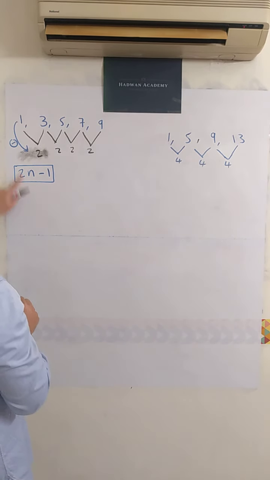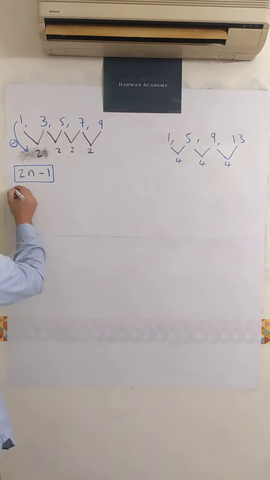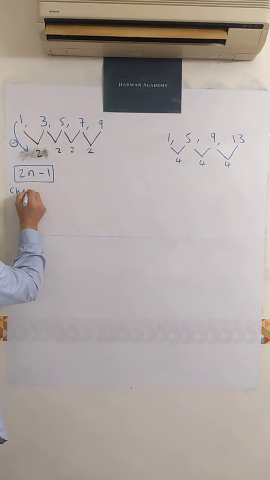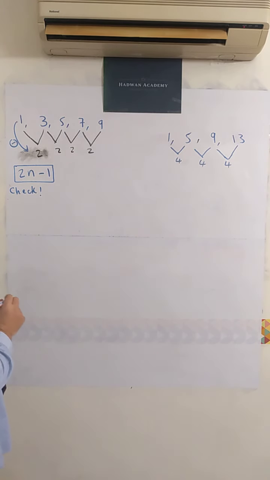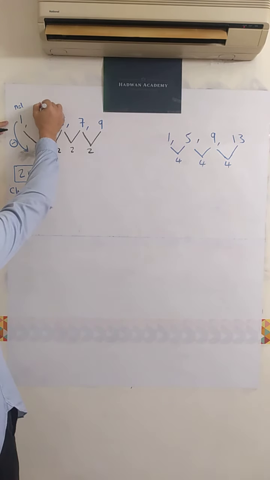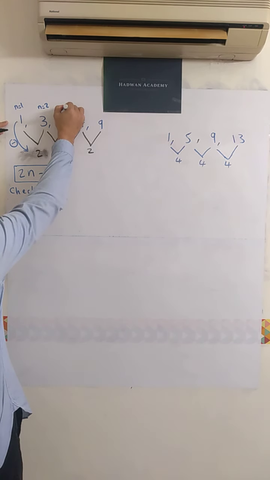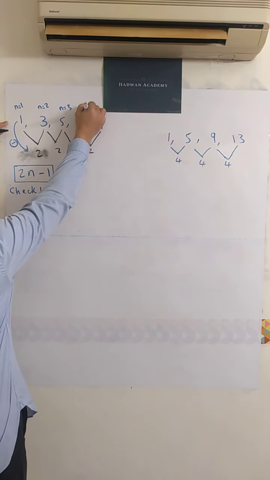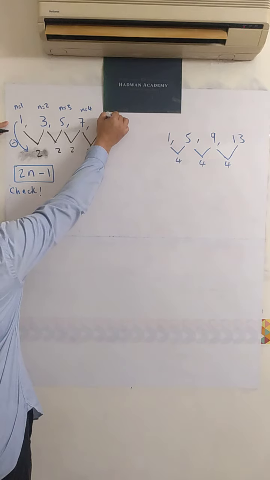If I need to check the nth term for this sequence, how can I check whether it is correct or not? I'll take n equal 1, n equal 2, n equal 3, n equal 4, and n equal 5.